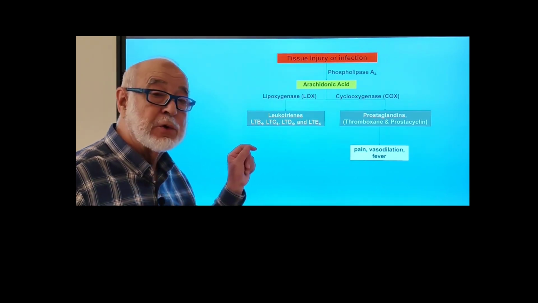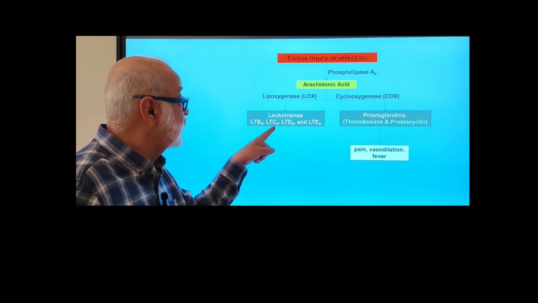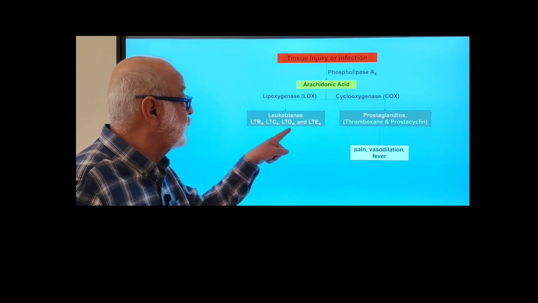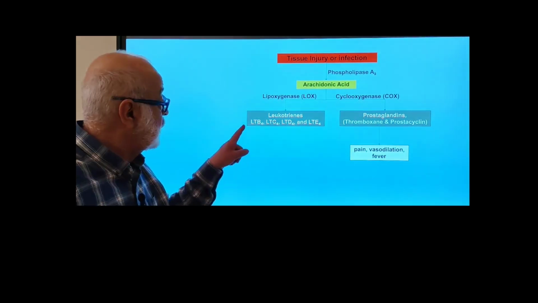There are different leukotrienes: leukotriene B4, leukotriene C4, leukotriene D4, and leukotriene E4. Leukotriene B4 is very powerful chemotactic.